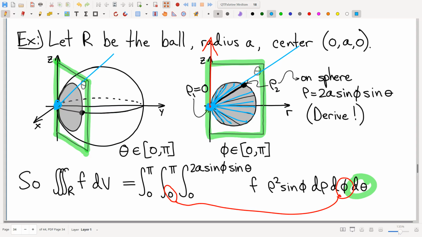And then our very last one is going to be like so, where phi is pi. Everybody see that geometry? And again, just appeal to what the picture tells us. All right.